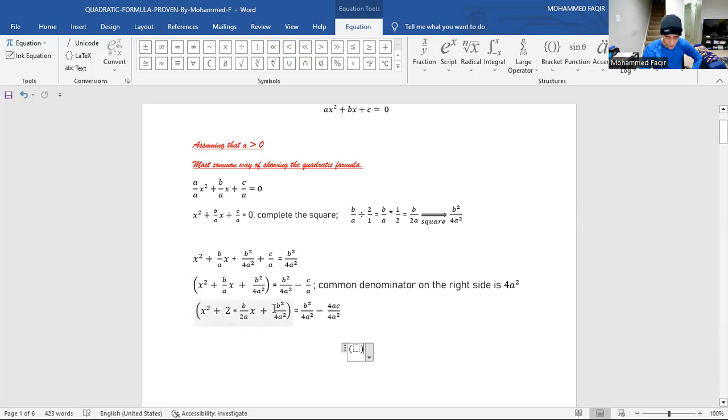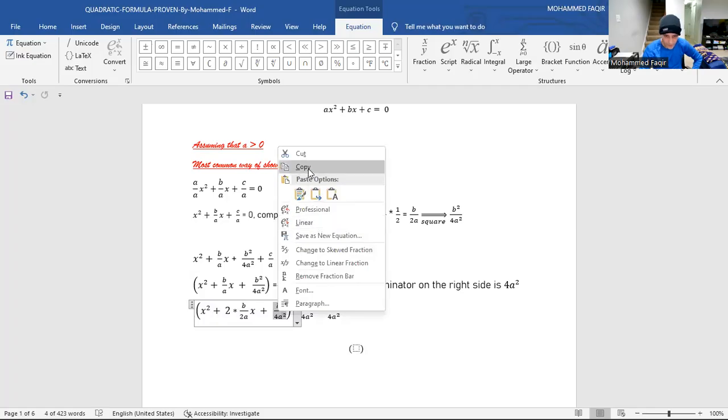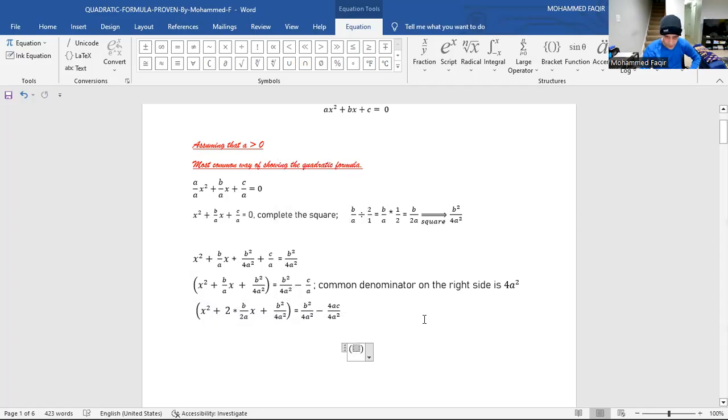So what I would do, I'll copy this and put it here. And now I have to do the b over 2a squared. I should have done it differently. Okay, so let's see.